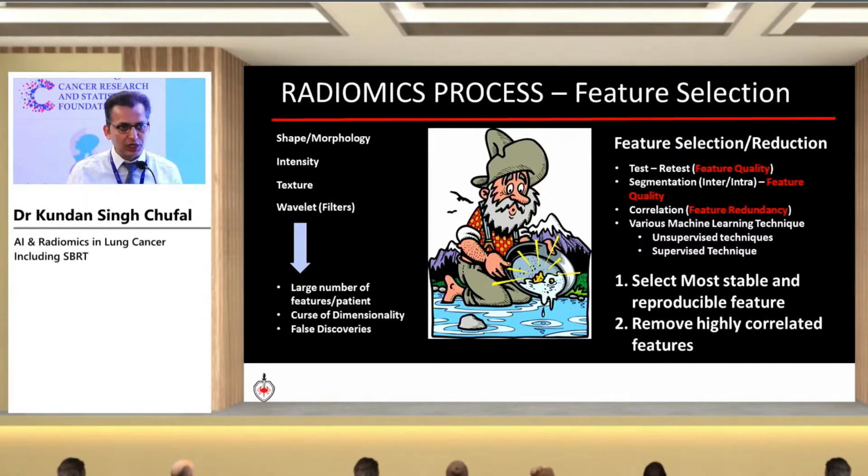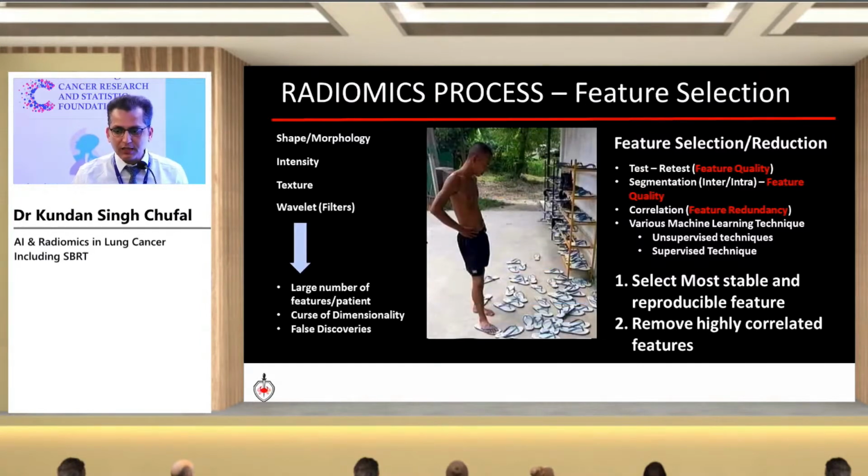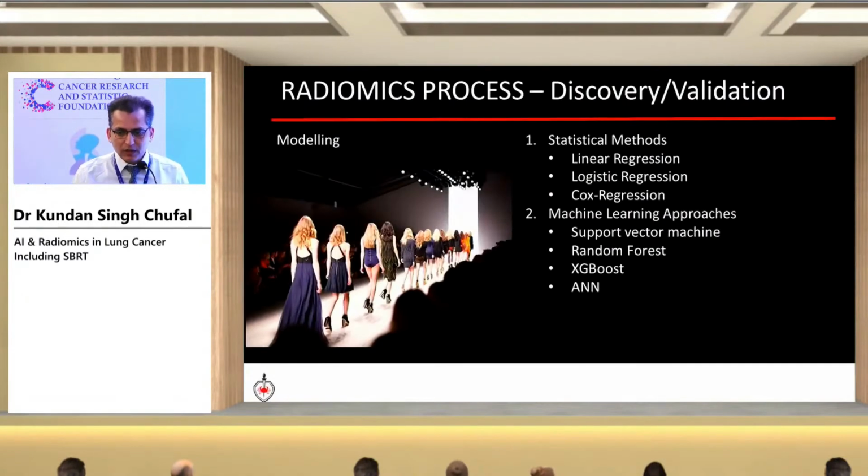Otherwise, if there is some change in those features, we don't need them, because they are not reproducible. Similarly, there are inter- and intra-observer segmentation issues. If two segmentation structures give different features, we again avoid those features. So there are methods to select the most stable and reproducible features and remove highly correlated features, and then we get the true radiomics features which we can work on.